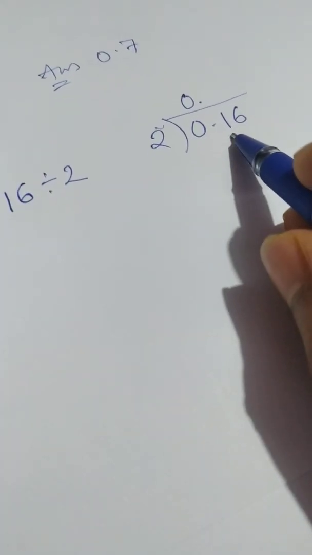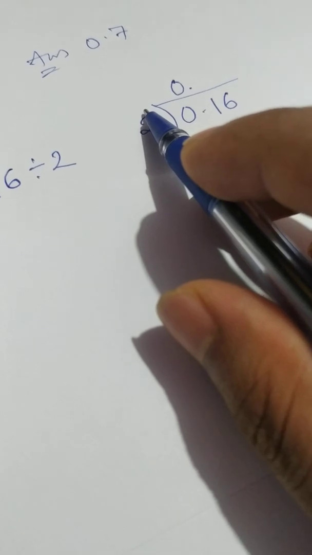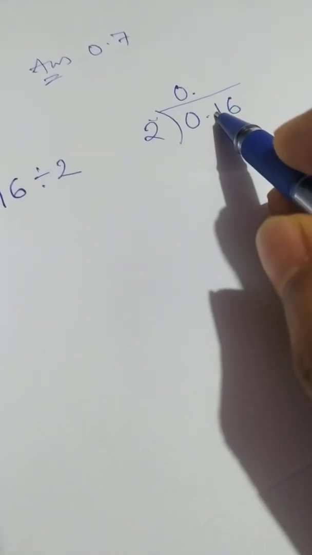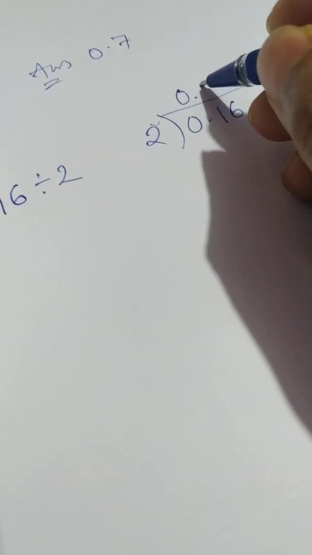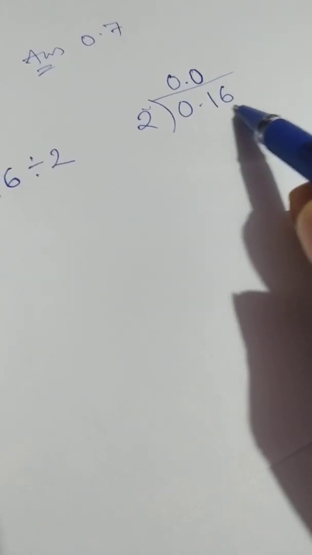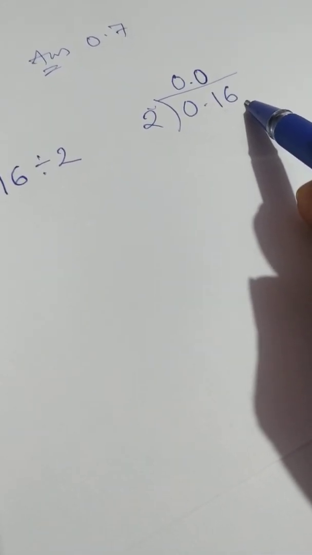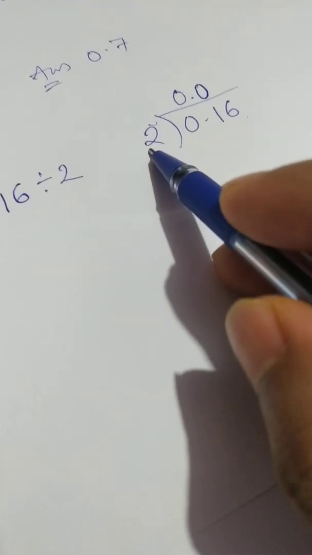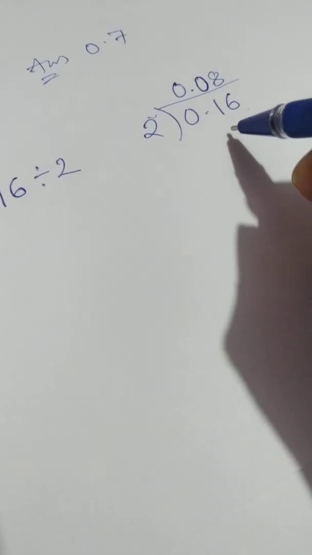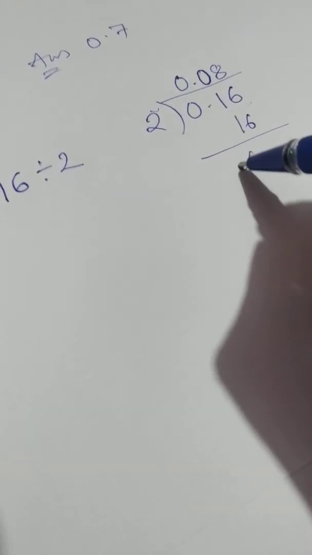Now 1 is not divisible by 2, means 1 is smaller than 2, right? Since you cannot divide 1 by 2, you need to put another 0 again. So now you can consider 16 altogether. Next, 2 into what is 16? 2 into 8 is 16. So the answer is 0.08.